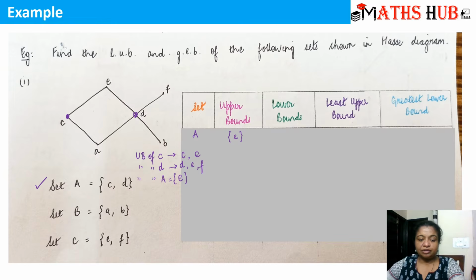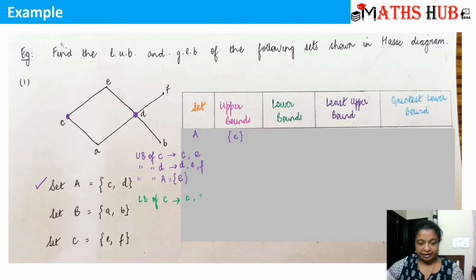Now let's talk about the lower bounds of C. Let me change the color of the pen so that you don't get confused. So the lower bounds of C are, so which elements are lying below C?